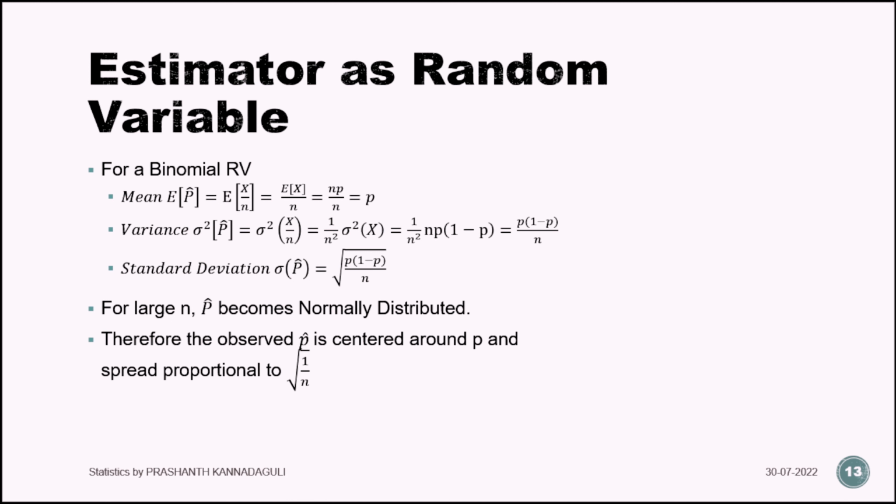Somewhere you may get 0.15, 0.35, 0.55, 0.64, 0.75, etc. If you plot all these values, it becomes a binomial distribution. This binomial distribution has a very peculiar feature. We just calculated that the mean of the P caps is the actual P.